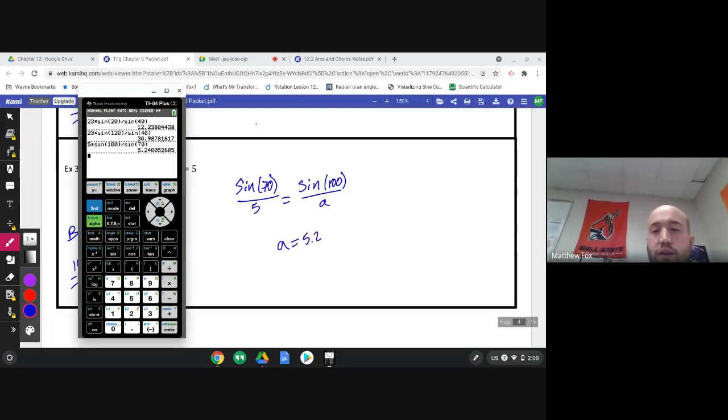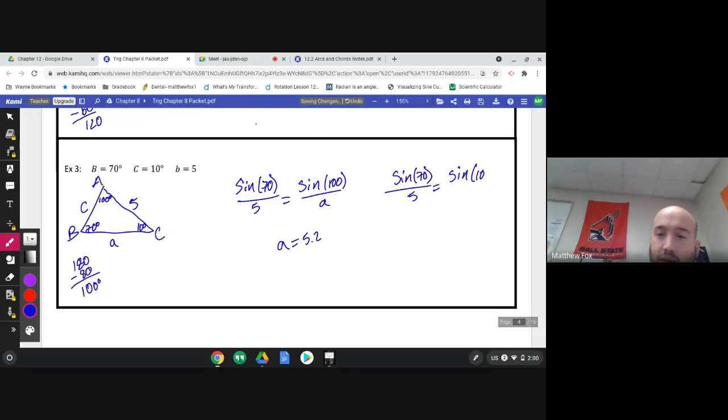And our last one then, sine of 70 still, divided by 5 equals sine of, I believe it was 10. Let's double check. Yep, 10 over C. We cross multiply, it'll be the same thing. Now here's a hint. The bigger the angle a side is across from, the bigger the side will be.